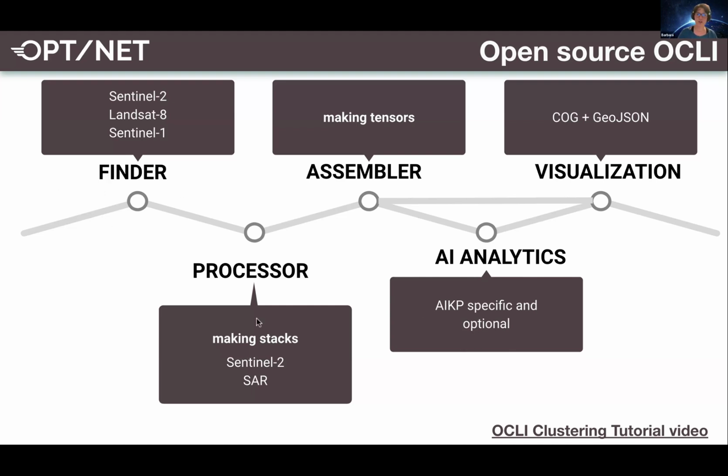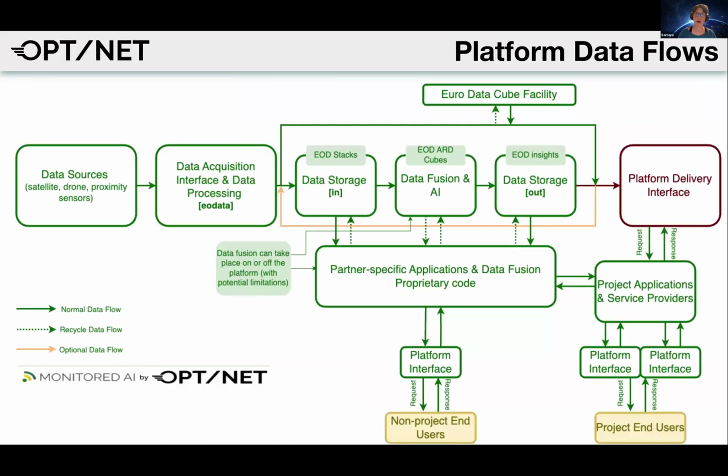The parts of Finder, Processor, and Visualization are there for you and ready to use. I will not spend too much time on the data flow for the sake of time, but it is there for everybody interested.